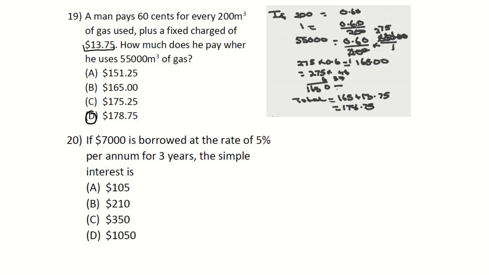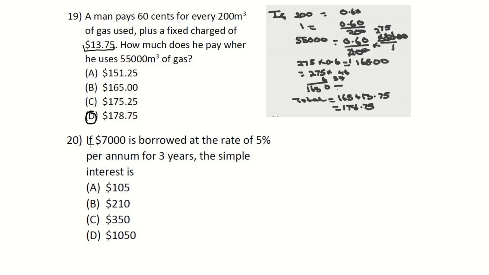If 200 is 60 cents, then 1 would have been 60 over 200, and 55,000 multiplied by that, you'll get 165. The fixed amount would be this amount plus 1375, which is $178.75.